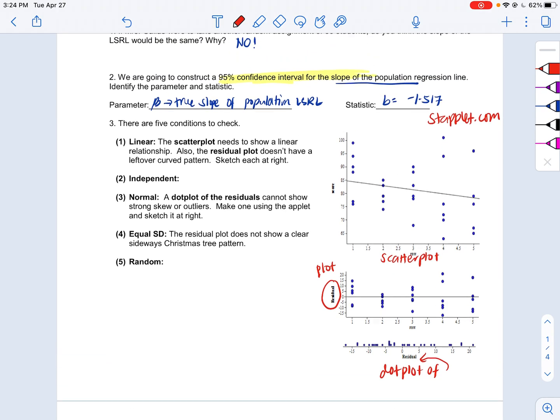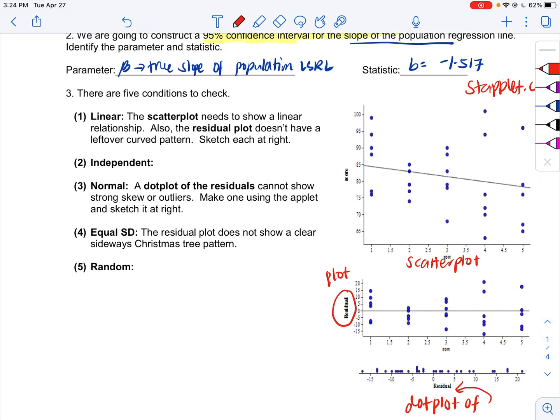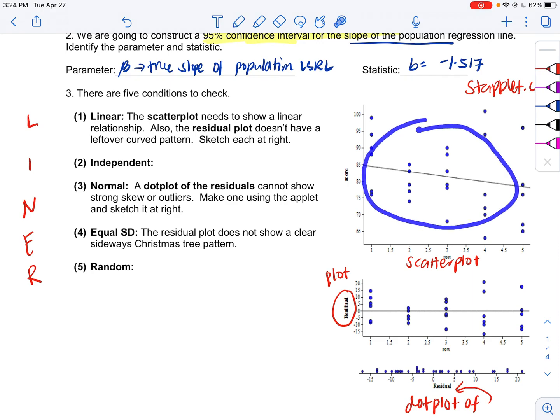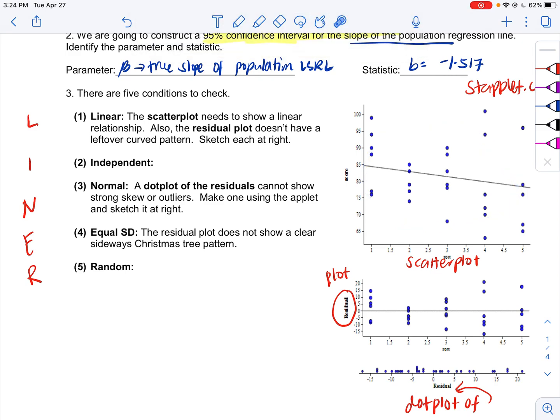So here's how we check our conditions. It's unlikely that you will be asked to check the conditions in the AP exam for the slope, but just in case. So we call this LINER. L stands for linear. Does the scatter plot show a linear relationship?